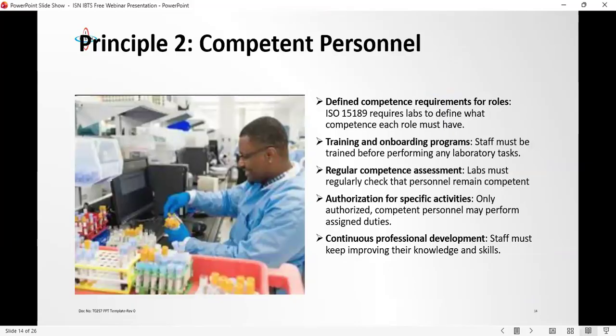This scientist is a very competent scientist. He can run 200 samples in 2 hours. He is a very good guy. But ISO 15189 requires that to achieve this kind of machine in the lab, you need to train them. You need to have a training plan.